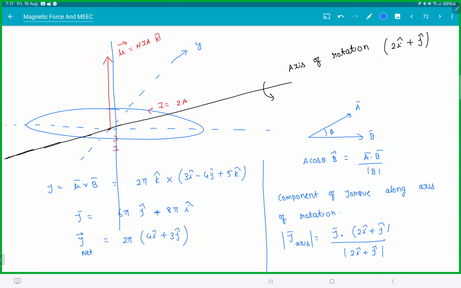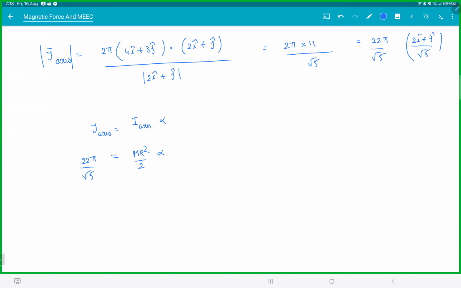Mr square is if you're rotating about the central line passing through this and perpendicular, isn't it? This is the diameter, so be careful. If you goof up there after doing the whole question, my answer will go off. That is the sad part of this problem. So this is the axis of rotation, about the diameter.